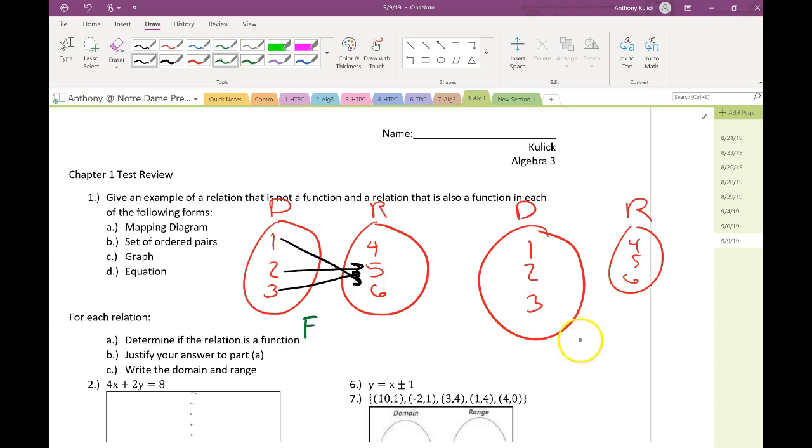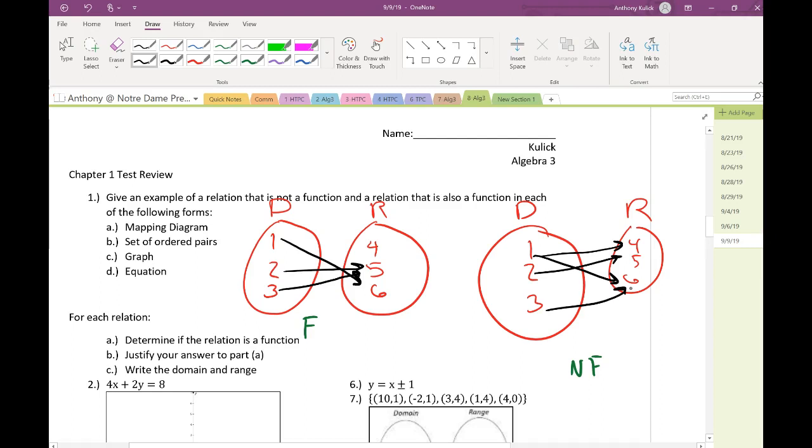If this one is supposed to be not a function, there's 2 ways that you could do that. What's one way? Katie? Okay, so 2 arrows coming out of one domain element. So for example, if 1 goes to 4 and 6, that's not a function.